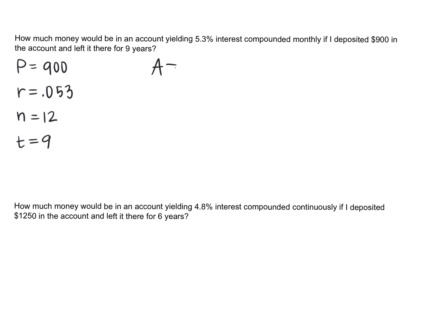So we have A equals 900, 1 plus 0.053 over 12, and then our exponent 12 times 9, which is going to give us $1,448.59.